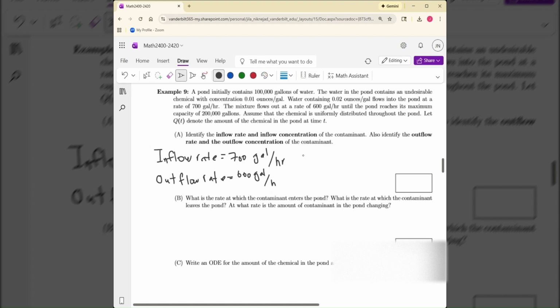It also asks you for the inflow concentration, which is 0.02 ounces per gallon. And then it's asking you for the outflow concentration.